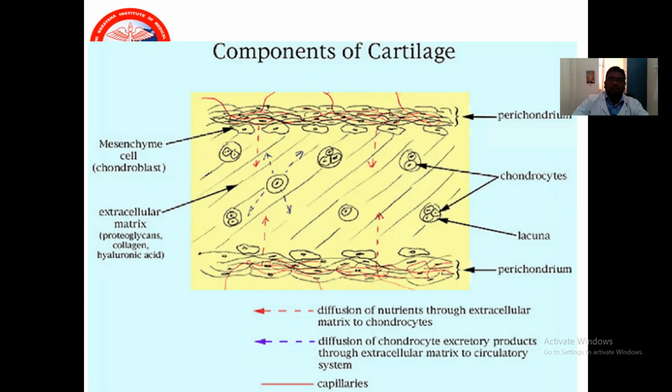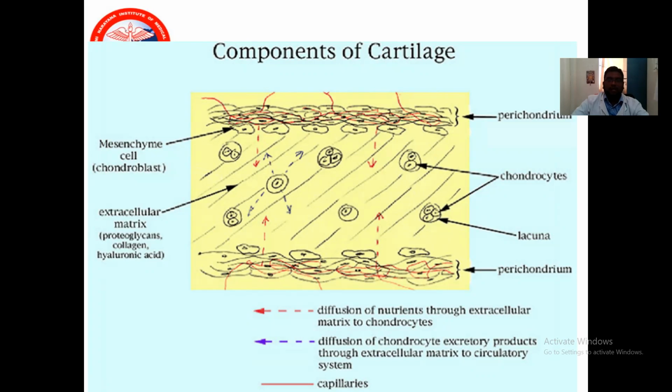This is because the matrix of the cartilage and the fibers have the same refractive index, so the fibers are not visible in the slides. You will only observe the matrix, the perichondrium and the chondrocytes.